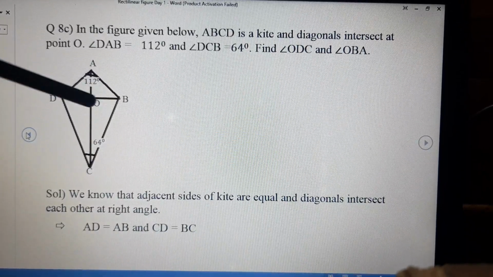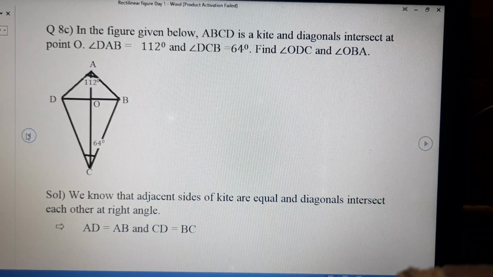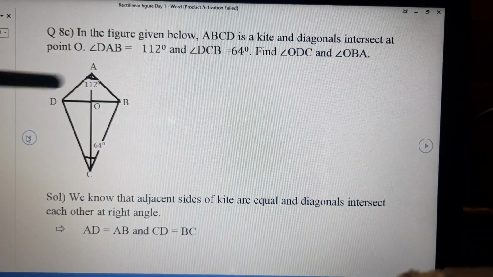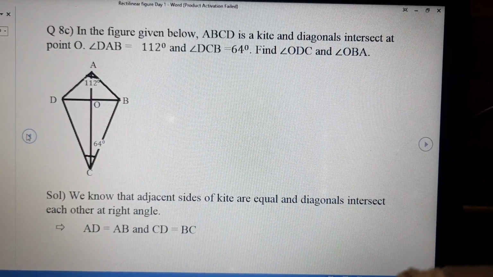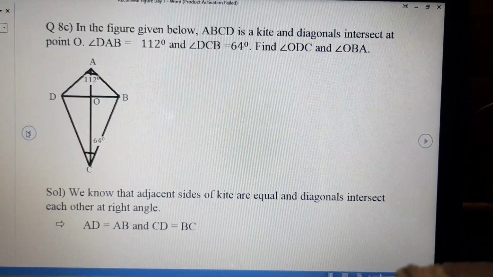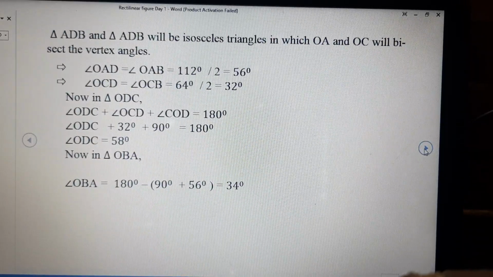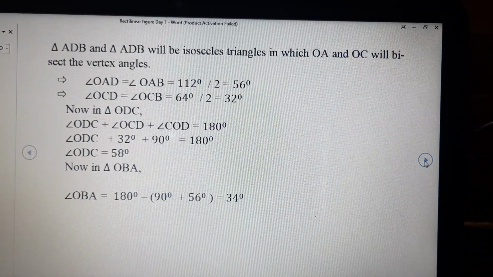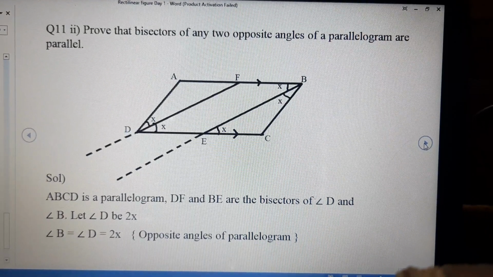This angle becomes 56. Angle AOD becomes 90 degree. This is the property of kite. One angle is 90. This angle is 56. Angle OBA can be calculated: 180 minus 56 plus 90. That means 34.